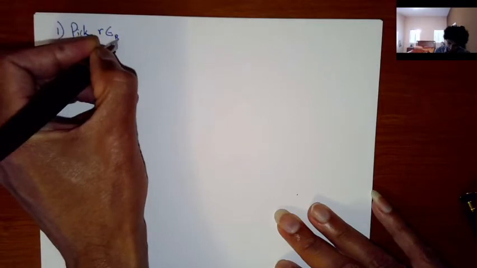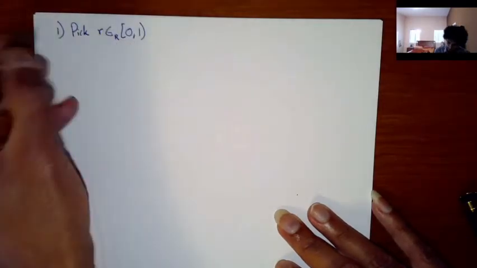So again, we pick R uniformly at random from 0, 1.